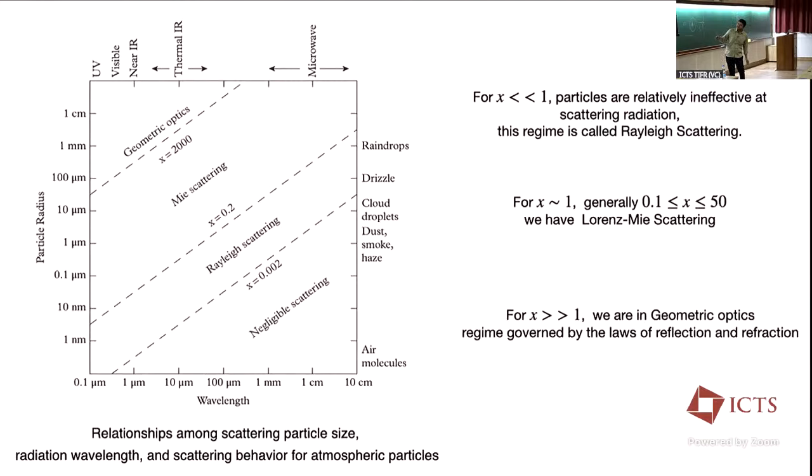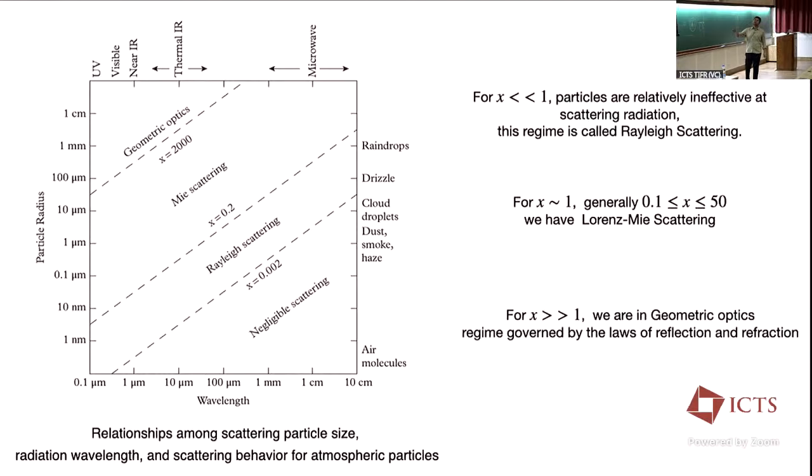In this region, the main thing to take away is that for x much less than 1, which means the size of the particles is much smaller than the wavelength of the incident radiation, Rayleigh scattering essentially happens. So in our models we have to include Rayleigh scattering cross sections.